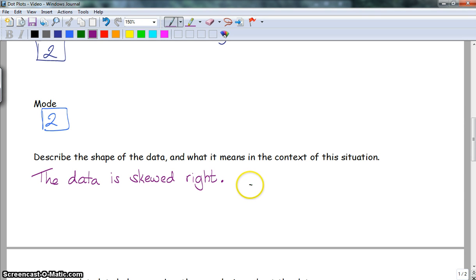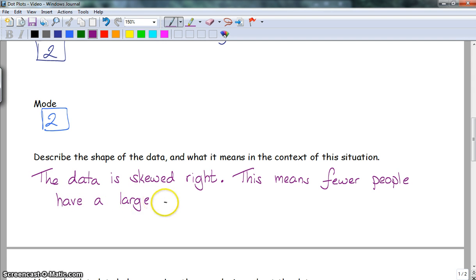In this case, it means fewer people have a large number of pairs of shoes.